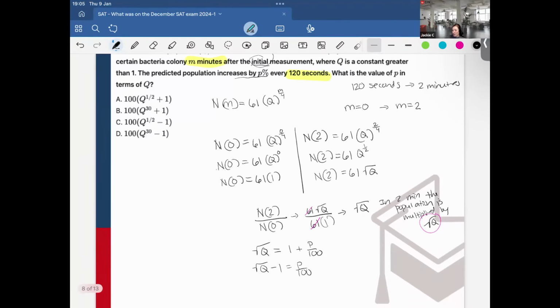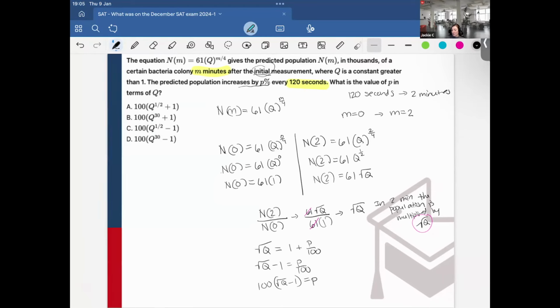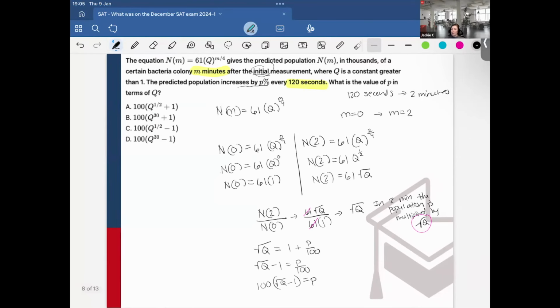And I want everything in terms of q. So next step, I'm going to multiply by 100: 100 times square root q minus 1 is equal to p. And that would be the answer. So the percentage increase p would be 100 times the square root of q minus 1.